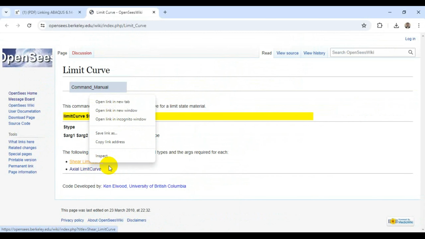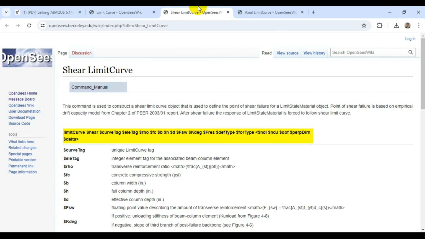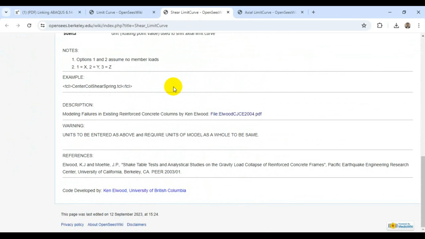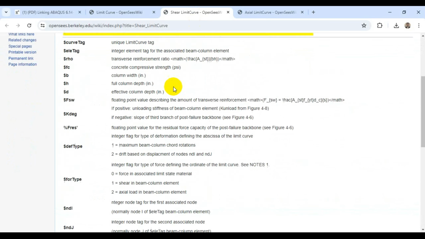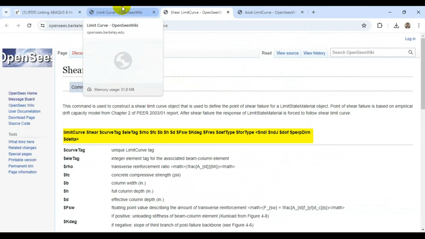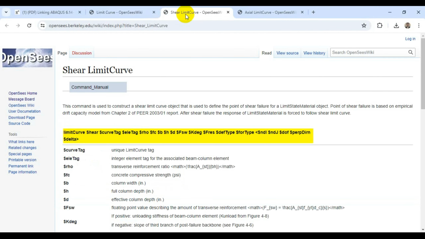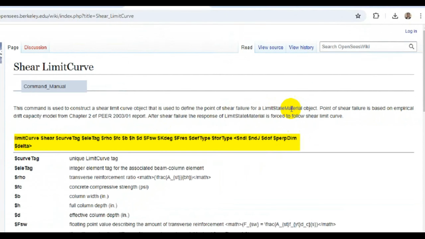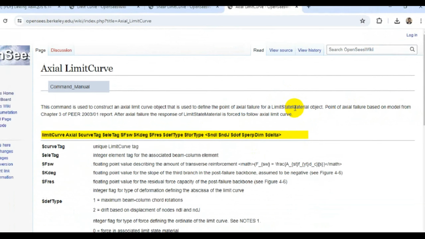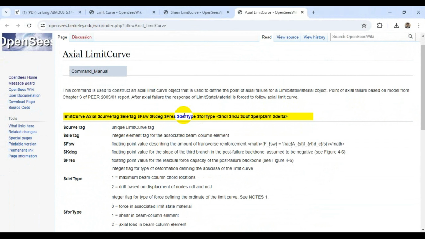These two are important as well, but they're not as simple as they look here, because if we are diving into the limit curves that we are discussing here, we need the limit state material objects and shear failure, and similarly for axial material we need the limit state material categorization and analysis.